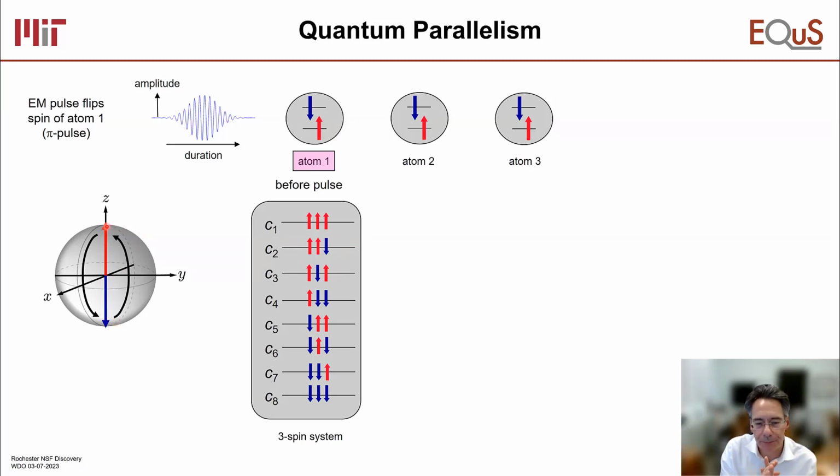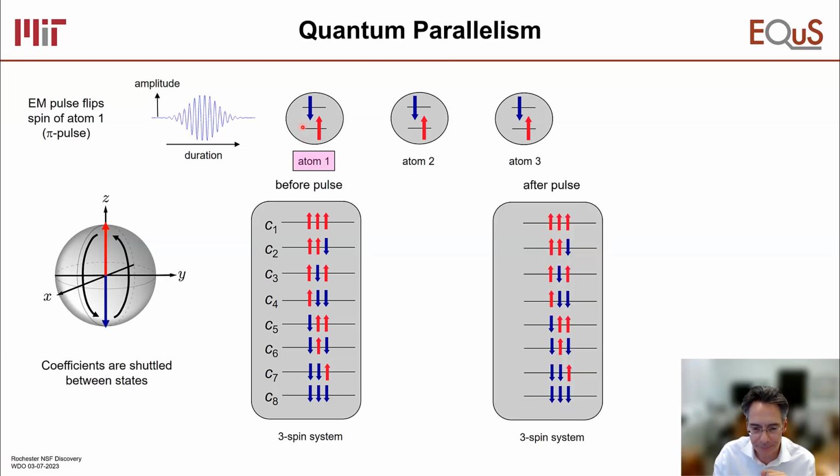Okay, so pi pulse. And what we're going to see is that this shuttles coefficients between different states. Now, we apply this pulse only to atom 1, or to the spin 1. Okay. And we can look at our quantum register before and after the pulse. So let's take a look at the aspects that are spin up. Again, we're applying one pulse to only qubit 1, or atom 1, and 4 of the 8 aspects have spin up.